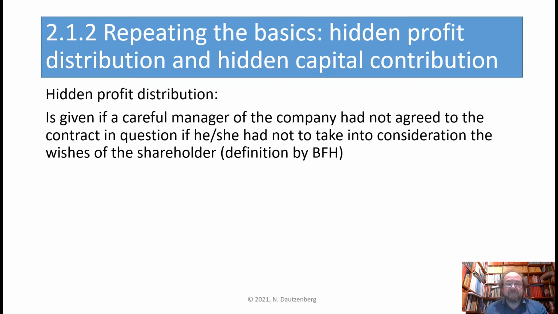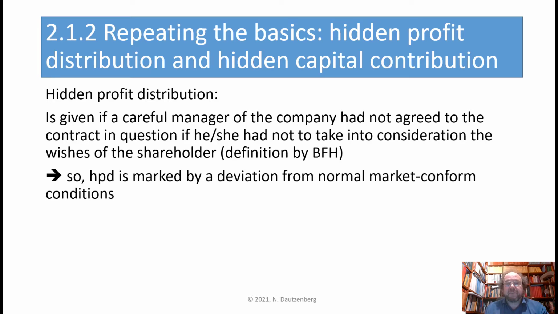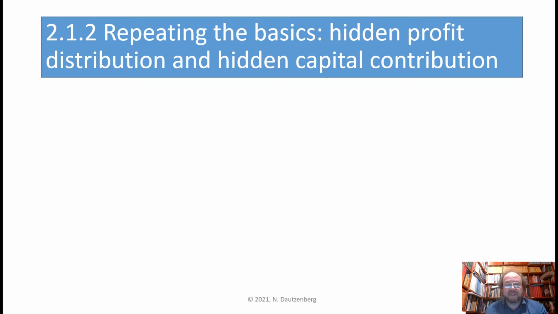So that's a definition by the jurisdiction. And that simply means, in the final effect, that you have to deal with your own company under market-conform conditions, and the hidden profit distribution is a deviation from that. So if you do something which is more favorable to your shareholder, give him or her something for free.